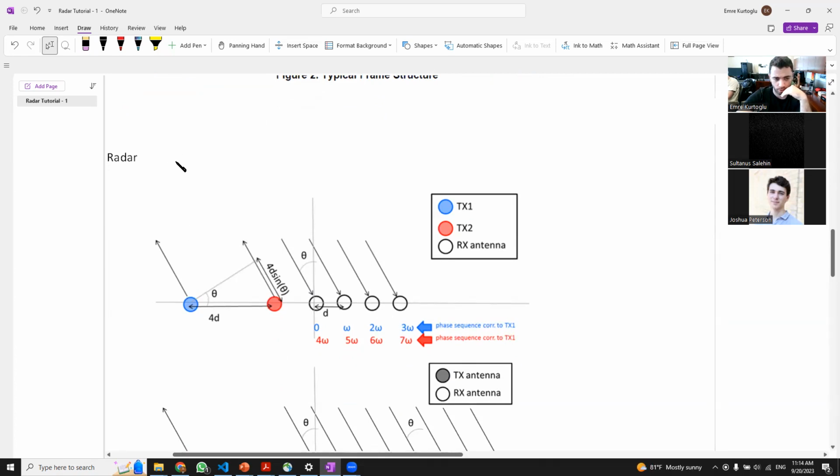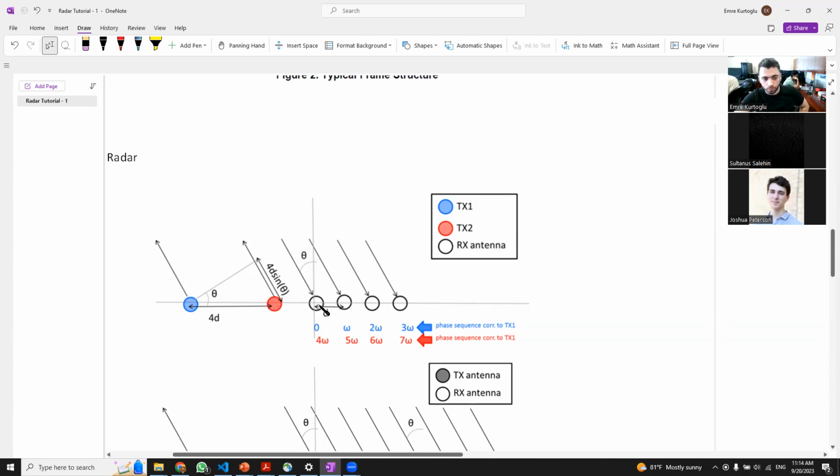When there is an object in the field of view of the radar, it backscatters the electromagnetic waves, and these waves hit the receiving antennas, which collect the frequency, amplitude, and phase of the received data. We analyze this received data to infer the range, velocity, and angle information of the targets.